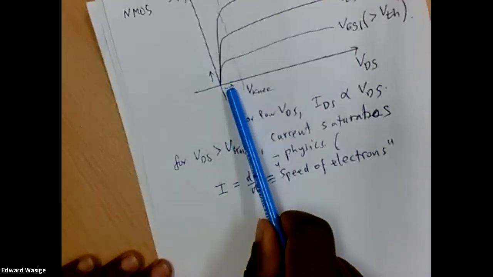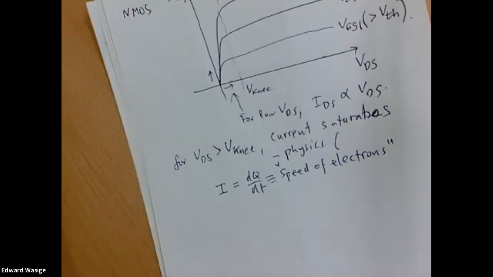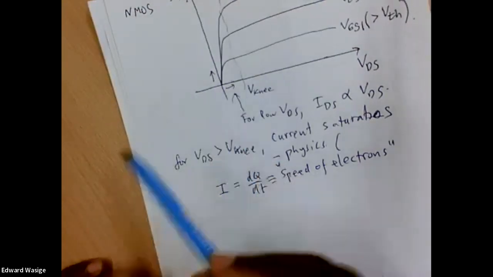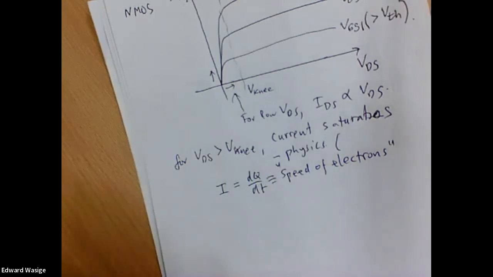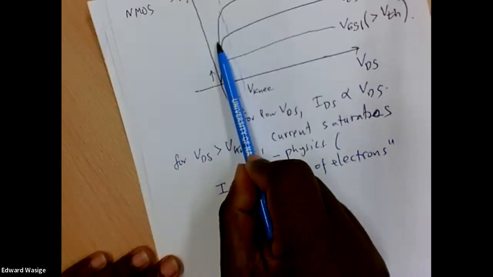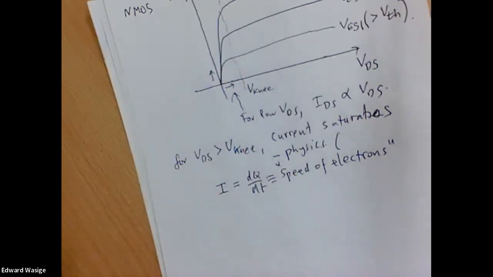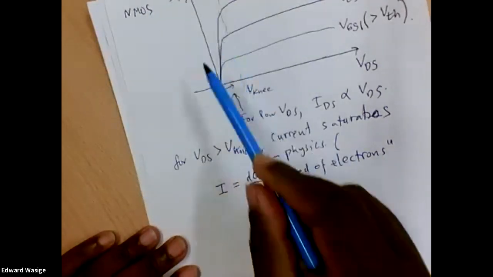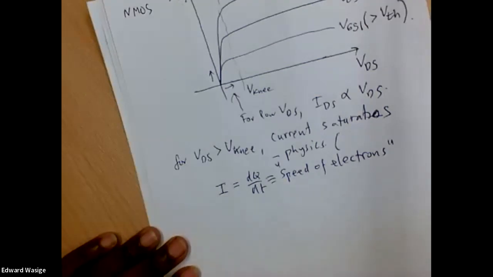If VDS is low, the speed is slow, and so the current is low. When we increase the applied voltage, because we now have higher potential, the electrons move quicker and the current is higher. If we increase even further, the electrons get faster. But just like everything, even you, if you try to run, you'll reach your top speed.